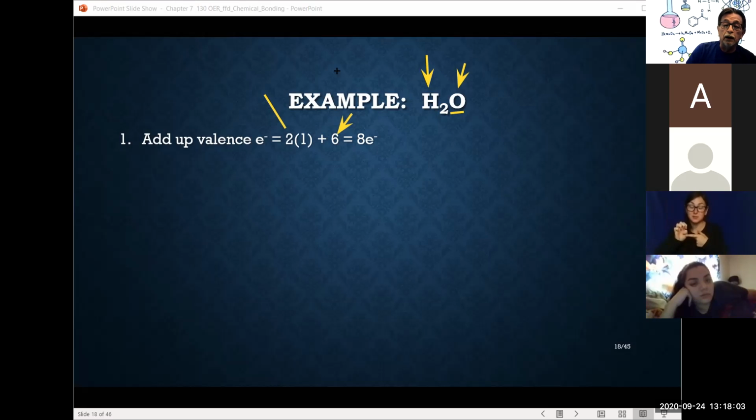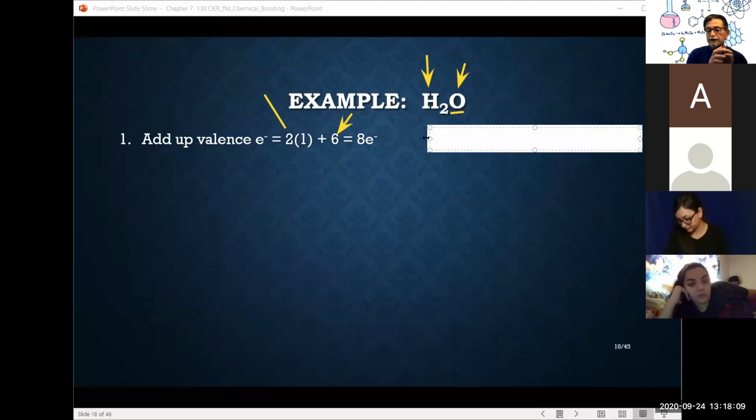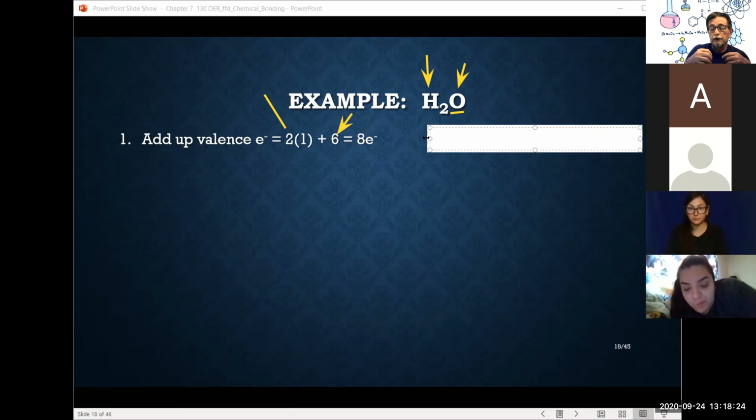Now, what I like to do is, you always should end up with an even number, okay? If you do not add up with an even number, then there's a problem someplace with the addition, or maybe you misread the number of valence electrons for that atom. Okay, and Josh, like I said, an even number, but more so a number that is divisible by 2.